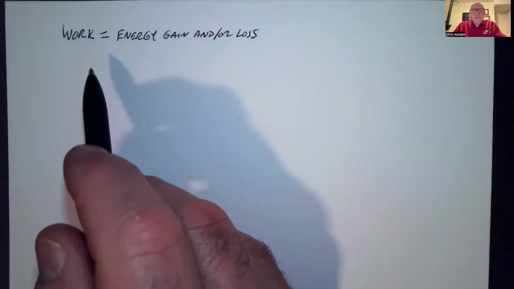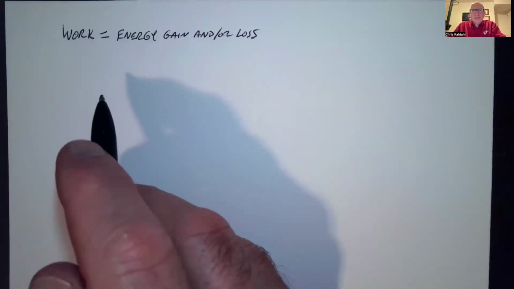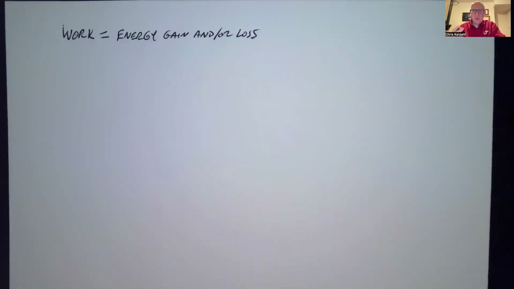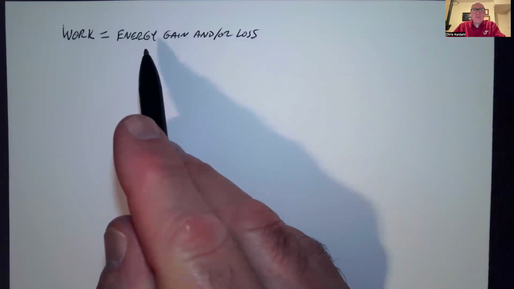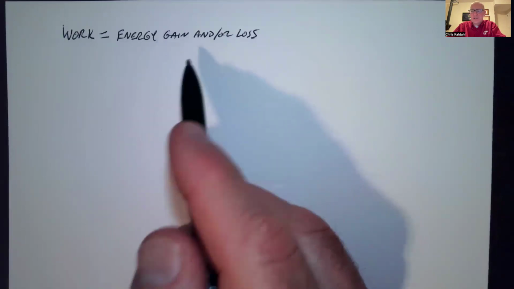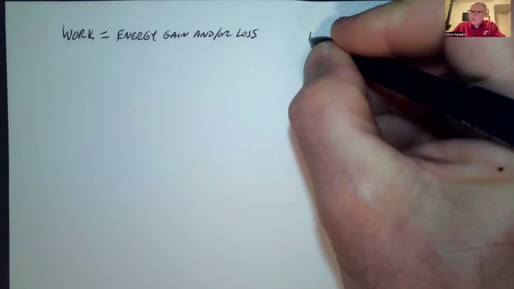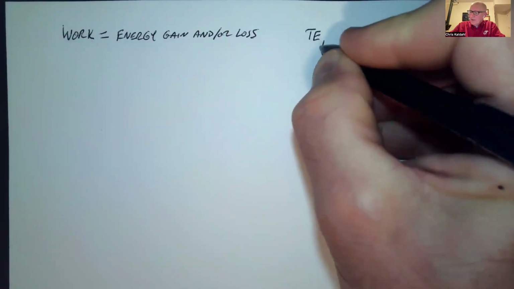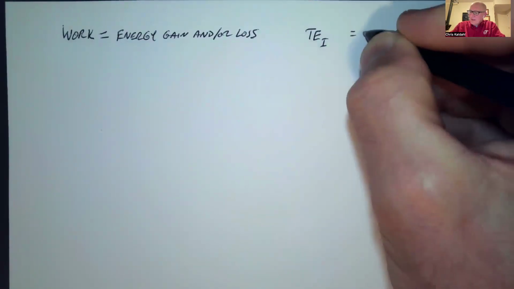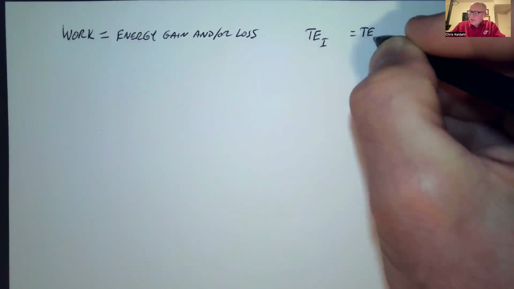Wanted to give you just a rundown of what exactly work is. So far, we've been talking about work being what happens whenever an object undergoes an energy gain or an energy loss. And we sort of added it into our idea that total energy at the beginning does equal the total energy at the end.